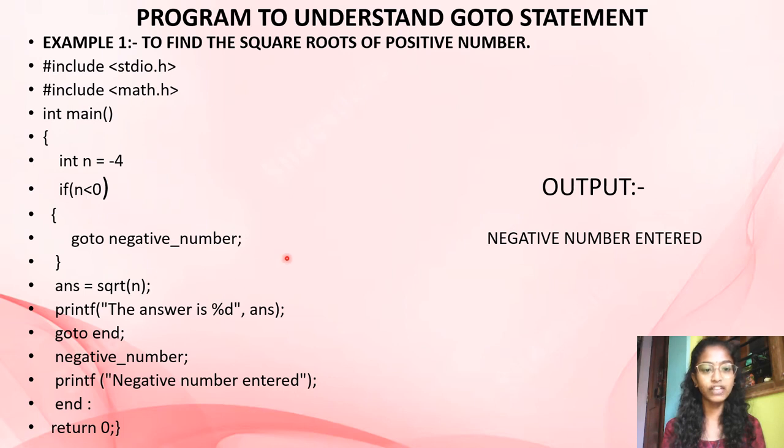Here the label defined is negative number. So the execution control jumps to the line where the label name is defined, that is negative number. So the statements above are skipped and it prints negative number entered. As we know that here n is -4, n is less than 0. So the output we get is negative number entered.